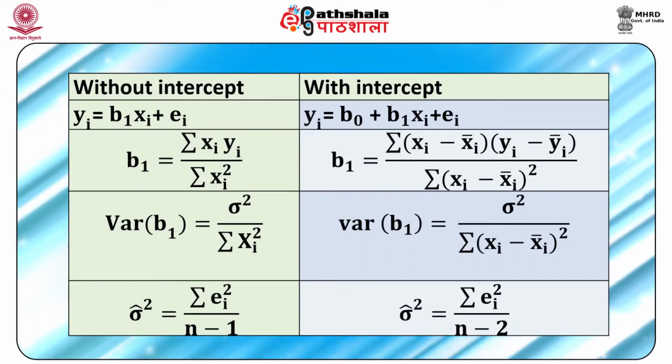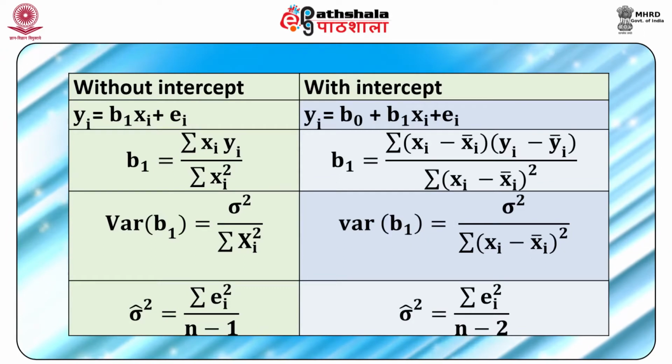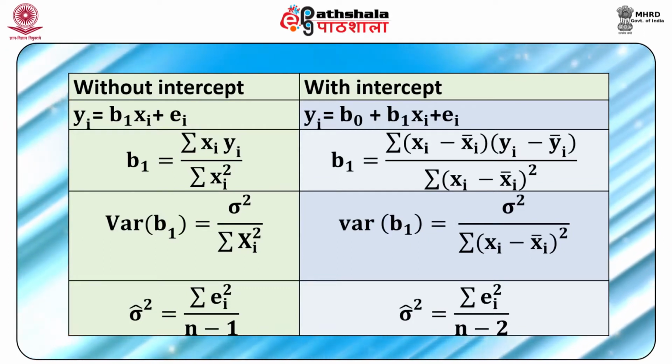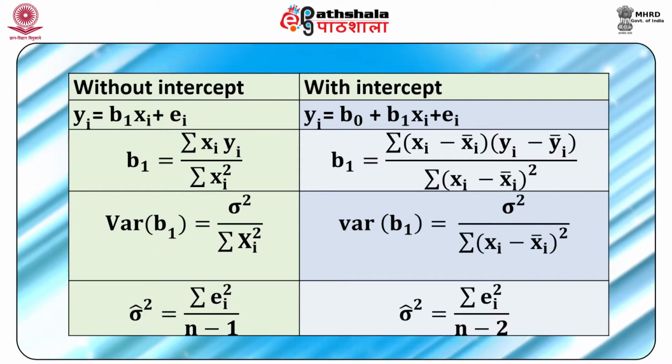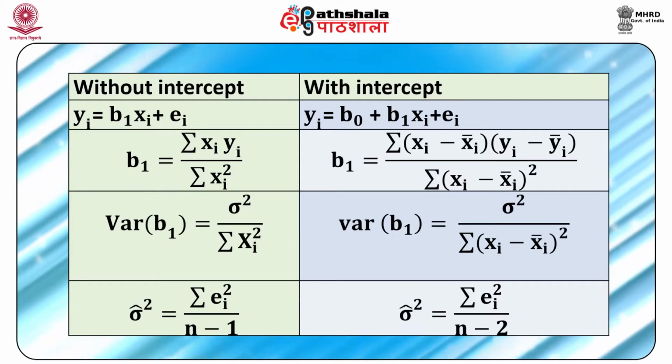Without intercept, our model is Yi equal to b1 Xi plus ei. With intercept, it is Yi equal to b0 plus b1 Xi plus ei. The estimator b1 in the without intercept model is sigma Xi Yi upon sigma Xi square.